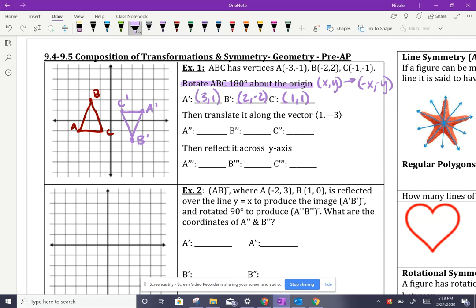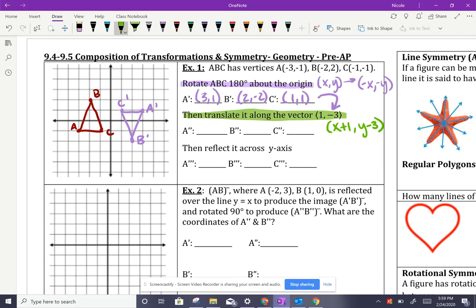Our second one is going to say we're going to translate this along the vector 1, -3. So that, again, just to remind everybody, means we're going to take x, not y, x and add 1, and then y and subtract 3 for each value. Now I am not using the original ABC. I am going to be using the information from my primes from rotating 180 degrees.